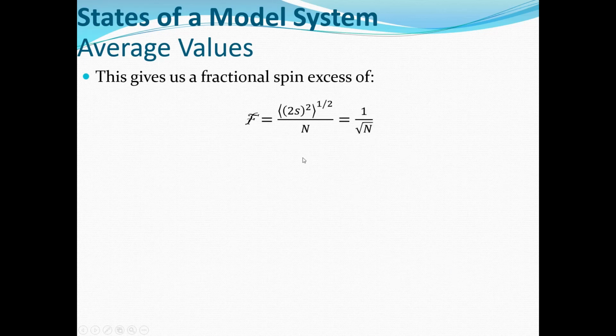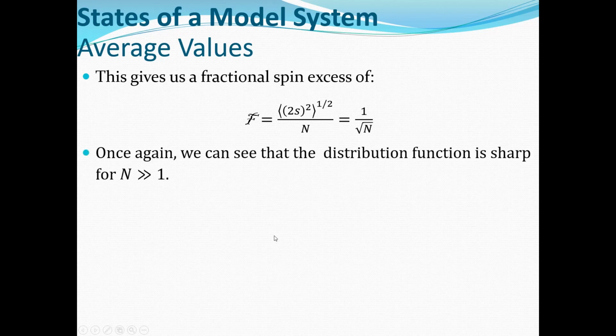We can use this to talk about something called the fractional spin excess being equal to 1 over root n. All this is really telling us is how wide that peak is based off of the value of n.